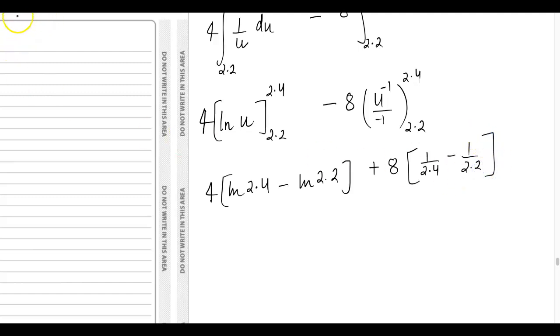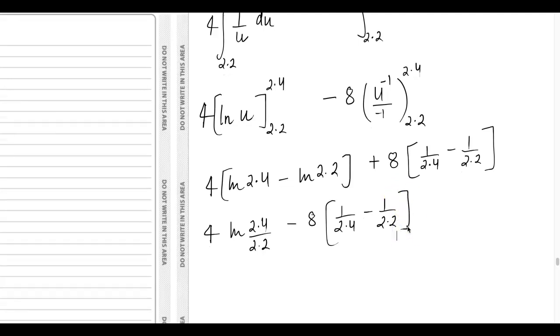Calculator, let's quickly use that. But before the calculator, a bit of simplification. Since they are subtracting, we can say ln 2.4 over 2.2, and over here, whatever it comes to, 1 over 2.4 minus 1 over 2.2.